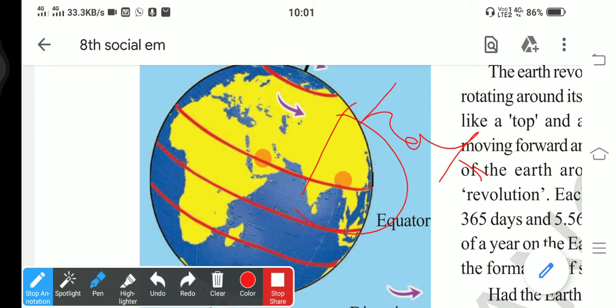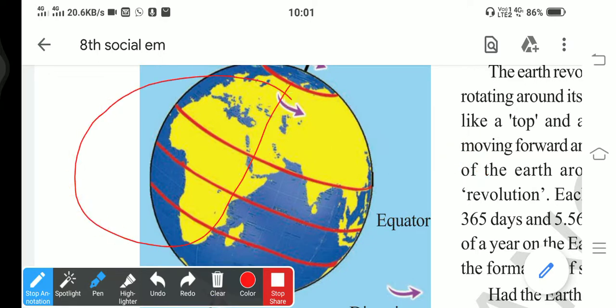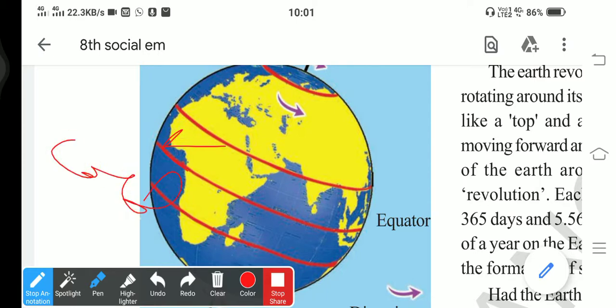In the same manner, another portion is completely in the dark, not lit by the sunlight. So this area will be cold. This becomes very cold, and the portion opposite to the cold side is hot.